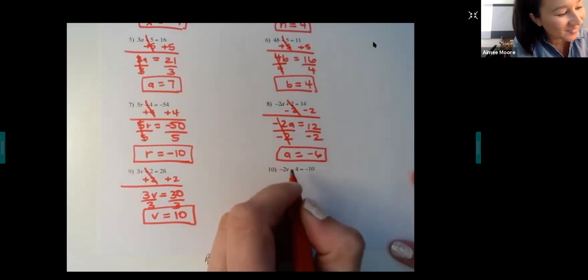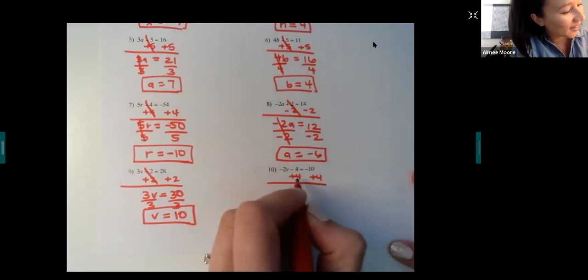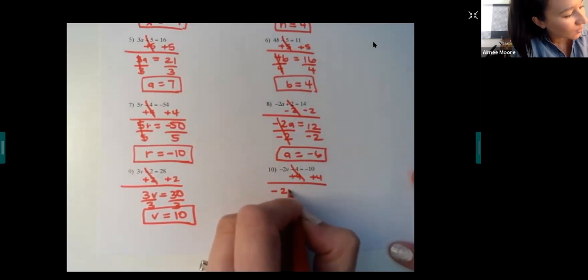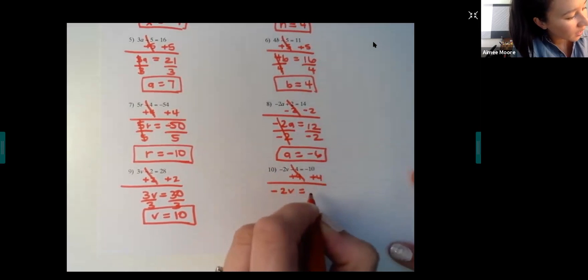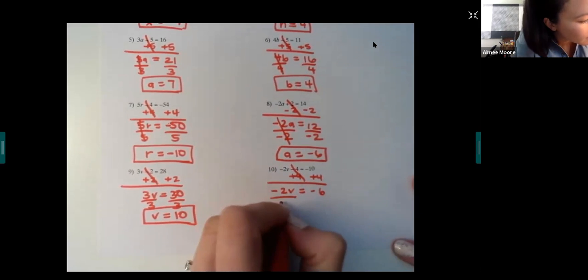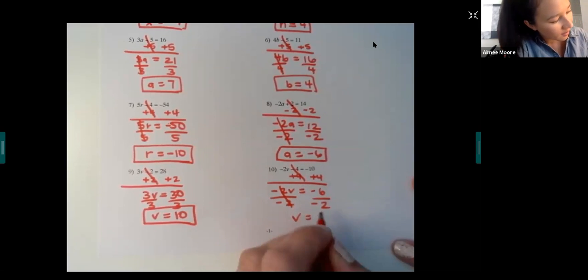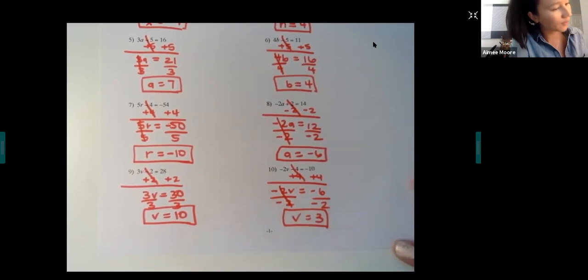Good job. That leaves us with negative 2b equals negative 10 plus 4, which is negative 6. Then what? Divide by negative 2. Very good. And that gives you b equals 3. Wow, very good.